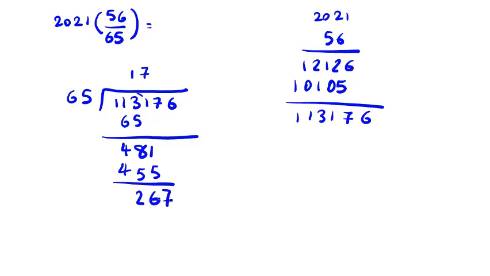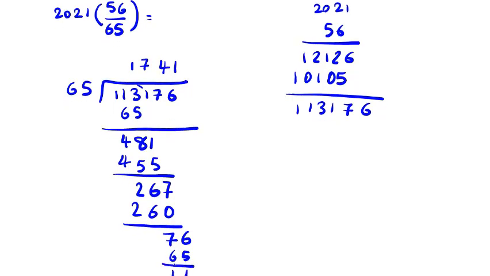And then we take 7 here, and 4 here. This is 7, and 76. We have 1 here. So the answer is, and here 65, and you can see remainder is 1, 1. So the answer is 1741.